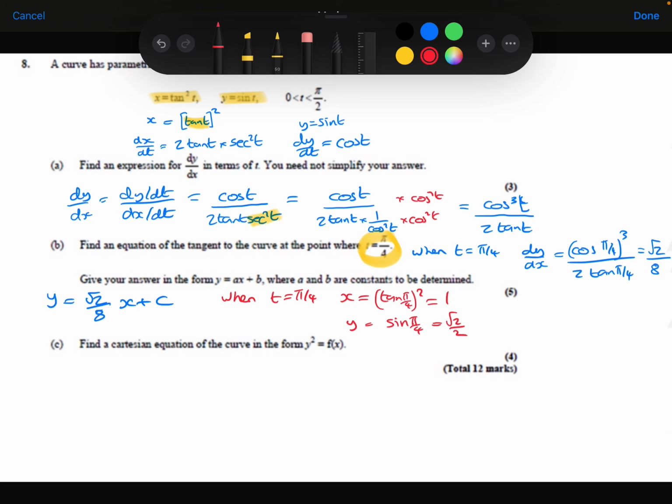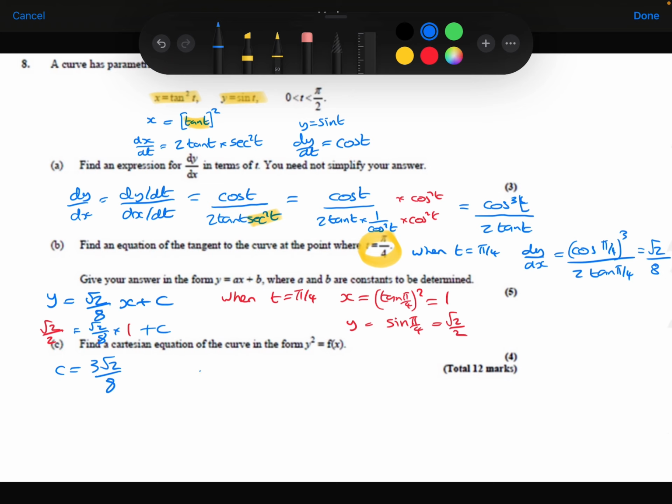So substituting those into our y equals mx plus c now, and rearranging this to work out c, I find that c is going to equal 3 root 2 over 8.